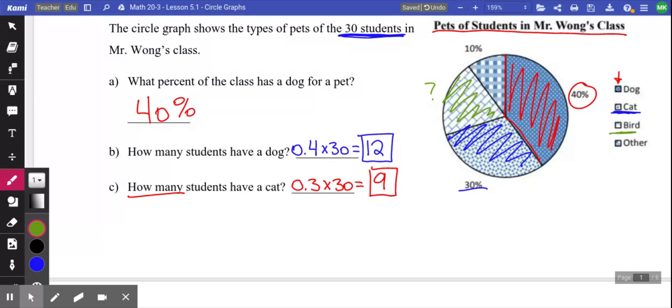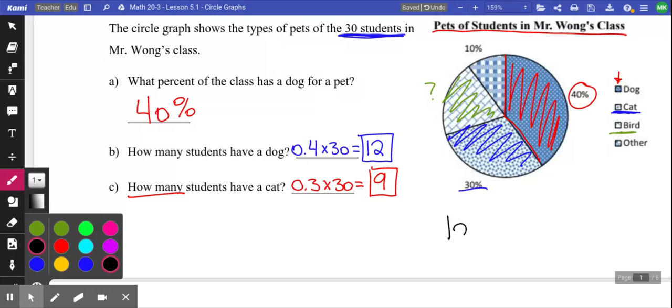The way we're going to find that missing percentage is by realizing that this entire circle equals 100%. So we subtract all the other percentages we do have: the 30% of cats, the 40% of dogs, and the 10% of other. That will tell me my missing percentage, which is 20%.